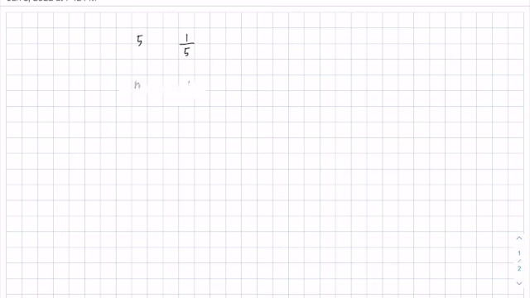You can't really find a reciprocal for a matrix, but I'll tell you how to find inverses later. Essentially, if you multiply 5 times its inverse, you get 1.